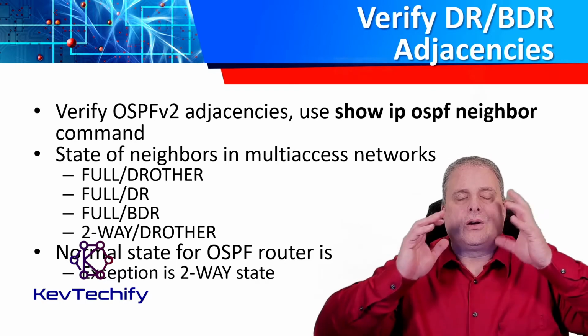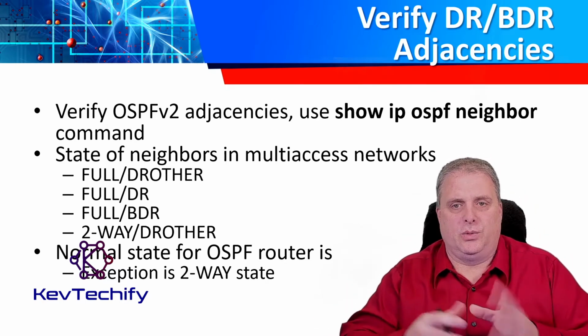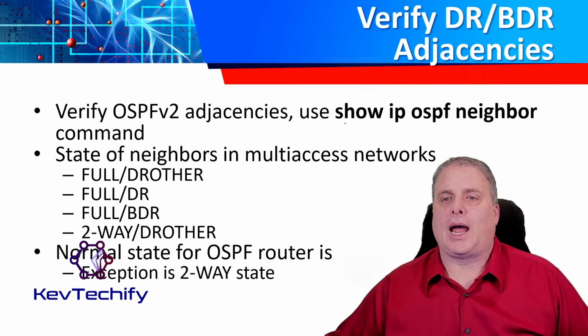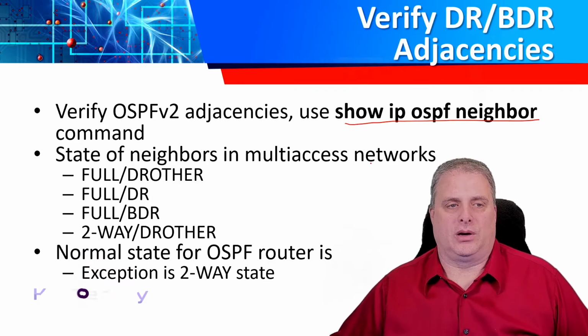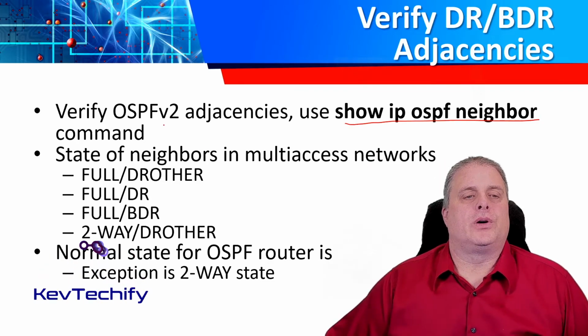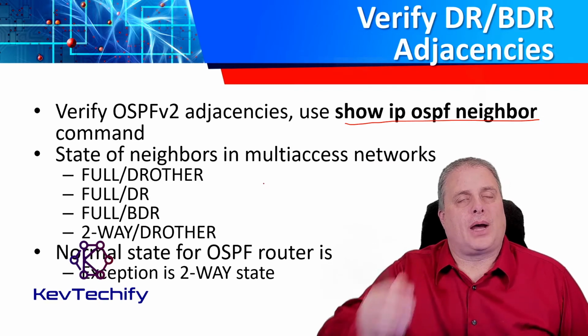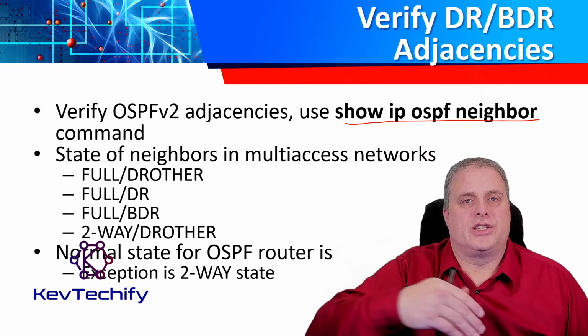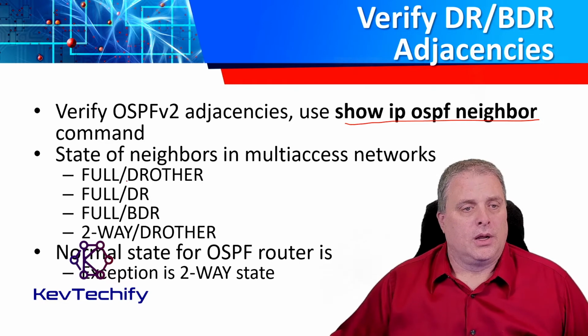To verify your OSPF adjacencies, we can use the command show ip ospf neighbor. And then it's going to give you a list of different states you could possibly have with the adjacencies to your different neighbors.